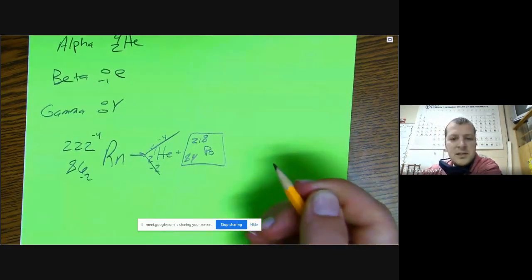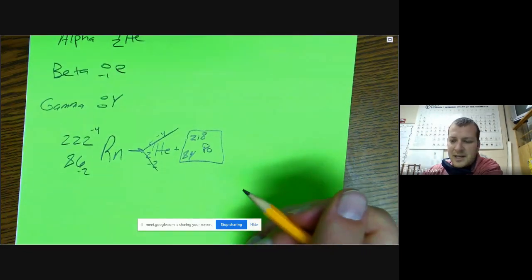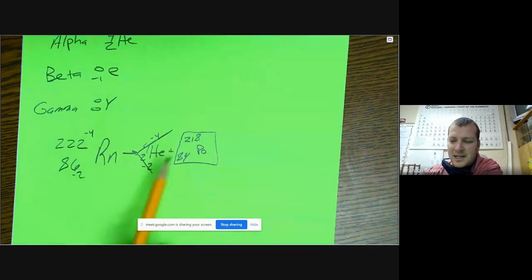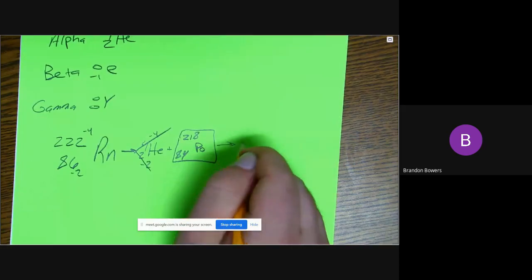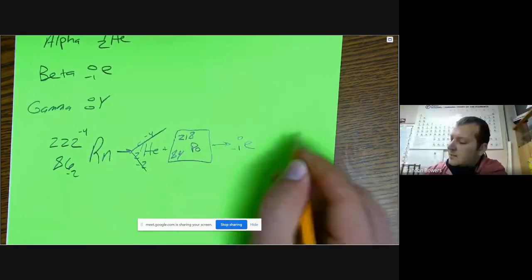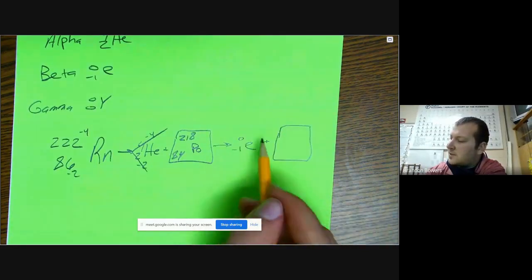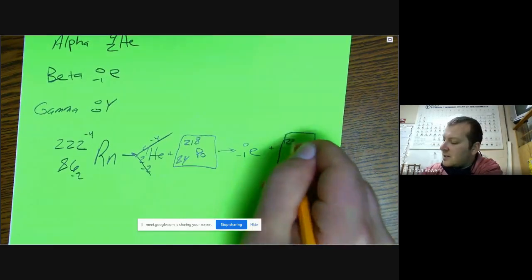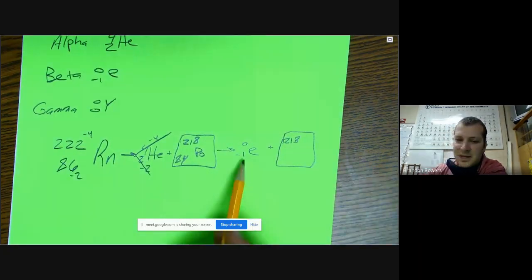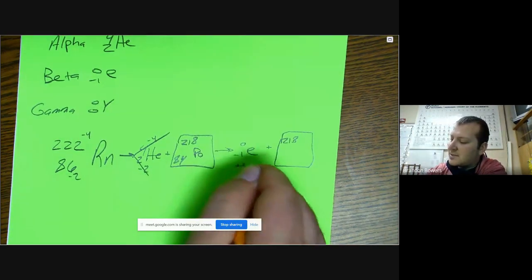So that's an alpha decay, but let's say that is still unstable. If that's still unstable, it's going to decay again. And let's just say it undergoes a beta decay this time. In the activity, it will actually tell you what it is. So if it's 0, 0 plus a blank number equals 218, we know 218 is going to go on top, but you always have to be careful about the negative, because the opposite of a negative is positive.